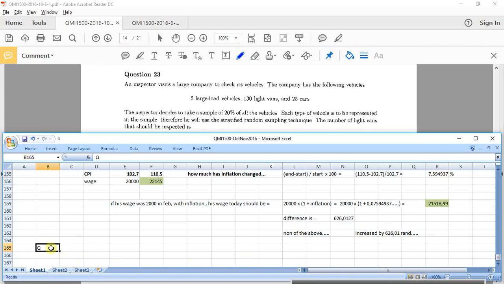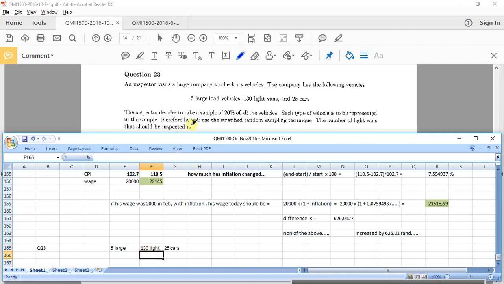Okay. Now, 23. Alright, so 23 says, an inspector visits a large company to check its vehicles. The company has the following vehicles: 5 large load vehicles, 30 lights, 25 cars, 130 lights, sorry, 130.